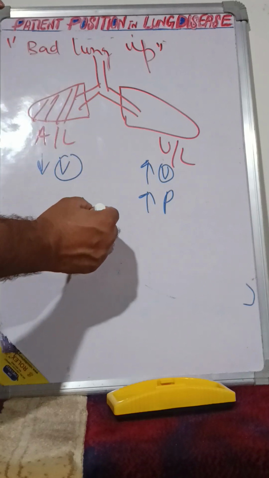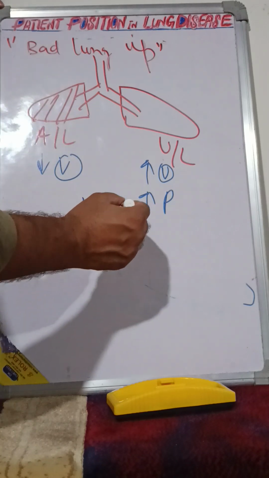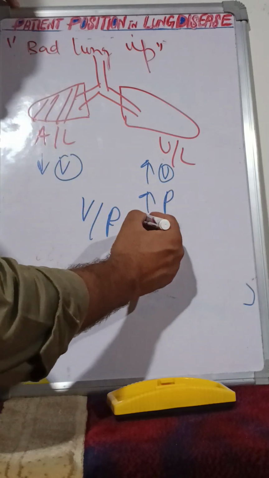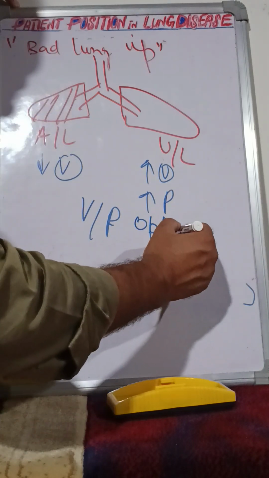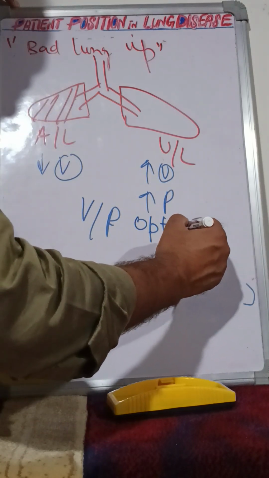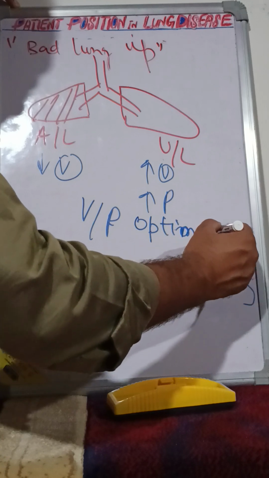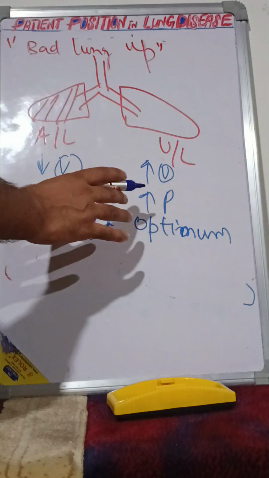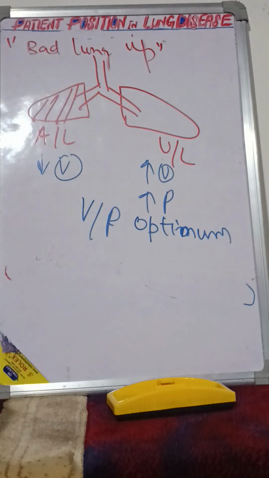That means the ventilation perfusion ratio will be optimum on the unaffected side. Perfect matching will be on the unaffected side.